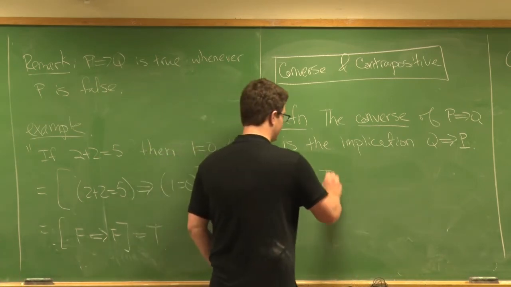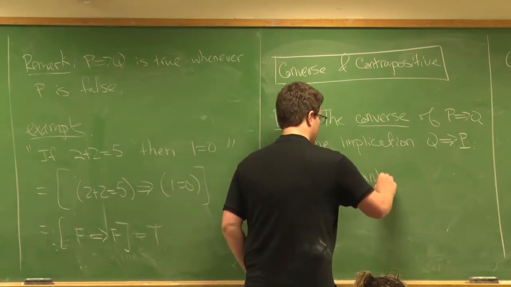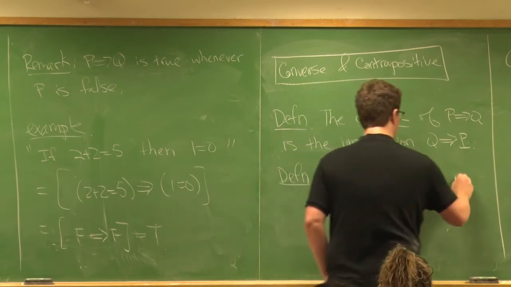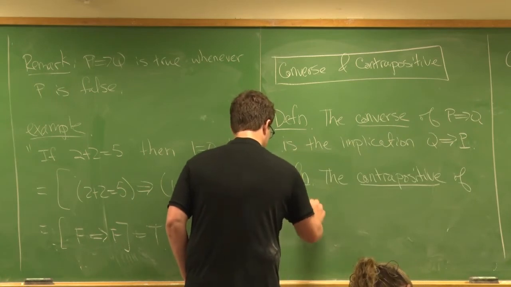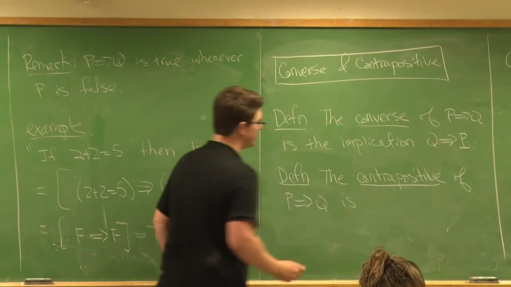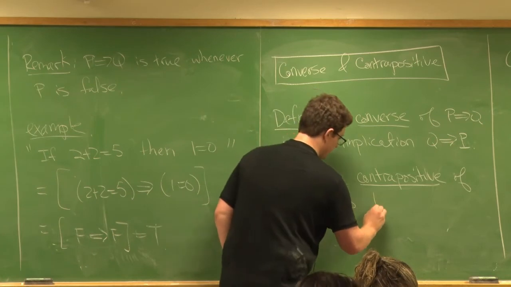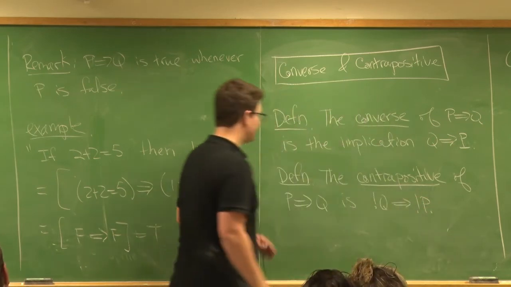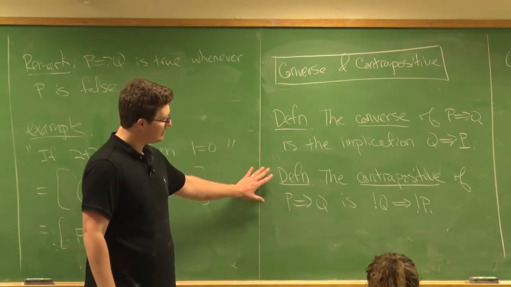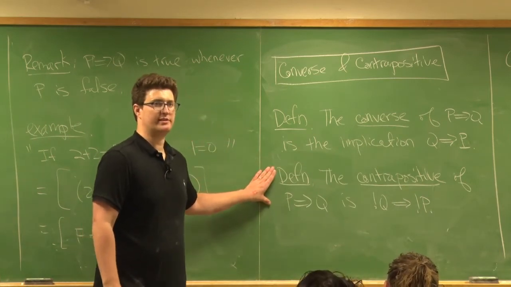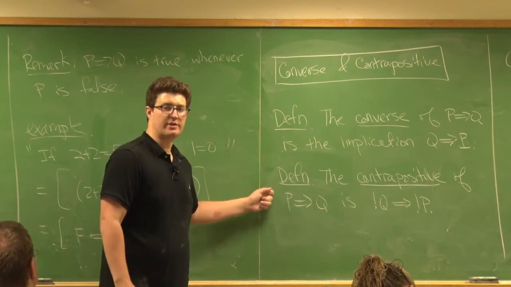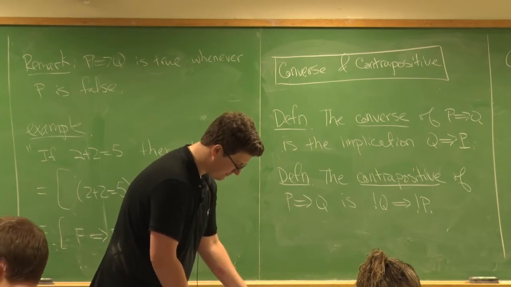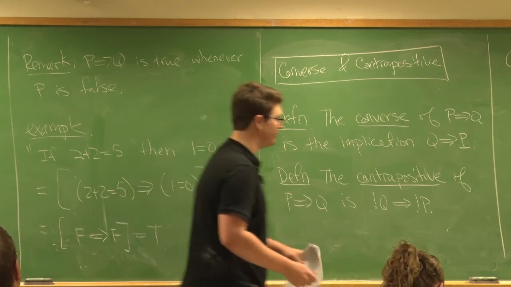The contrapositive of P implies Q is the statement not Q implies not P. As a spoiler, this one is equivalent to P implies Q. The converse is not. And the contrapositive is extremely useful. So let me give you some examples. Let's do an example here in words.